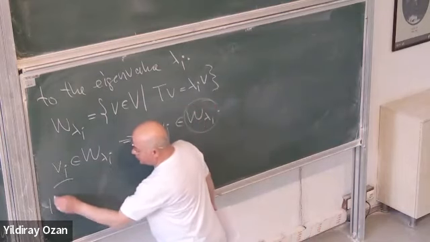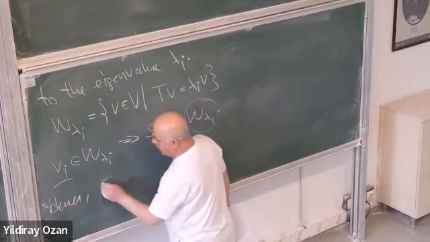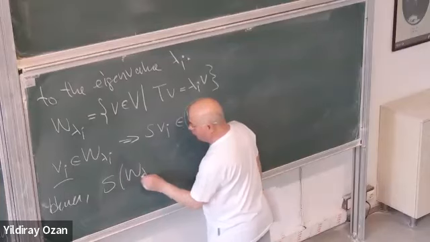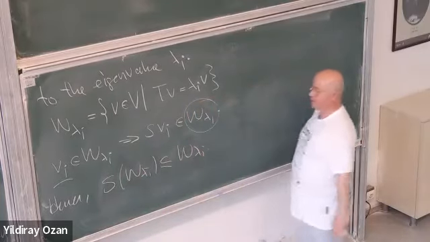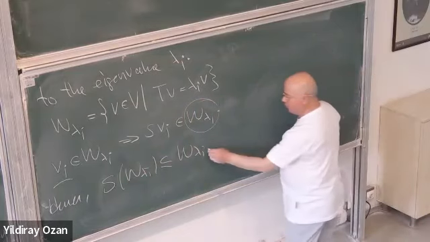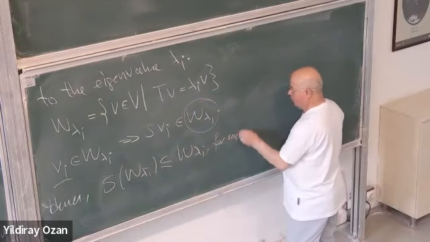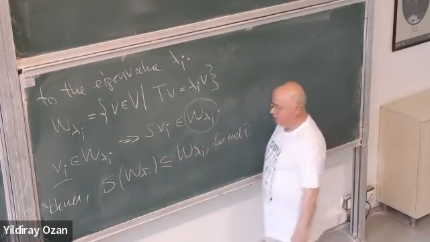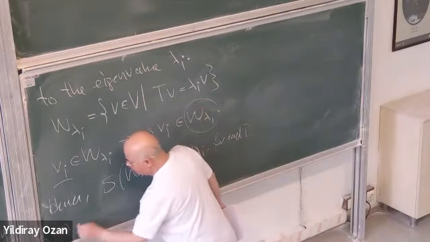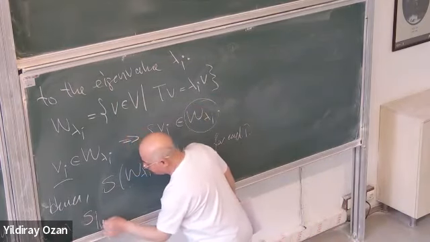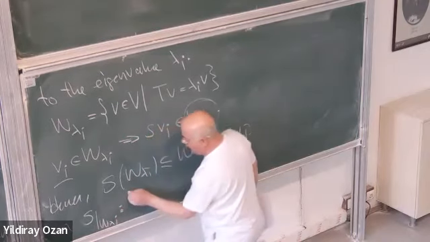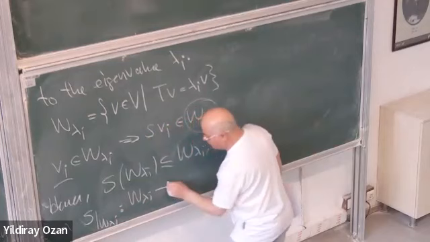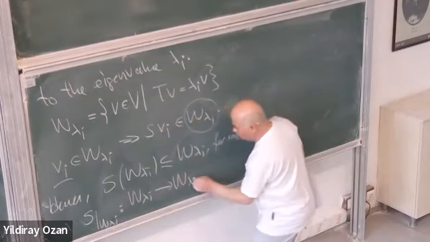So, hence, S of W lambda I is contained in this subspace for each I. Right? In other words, I may consider S restricted to the subspace W lambda I as a linear map from W lambda I to W lambda I.